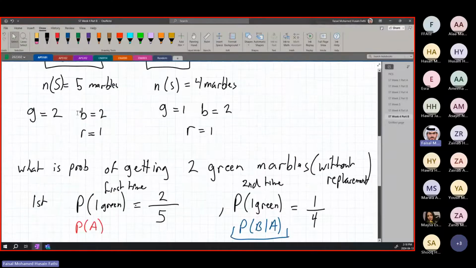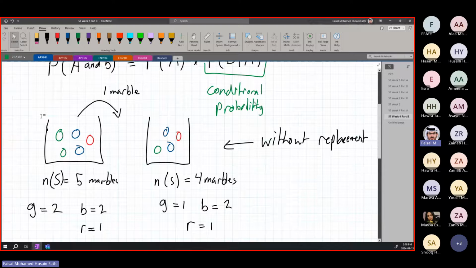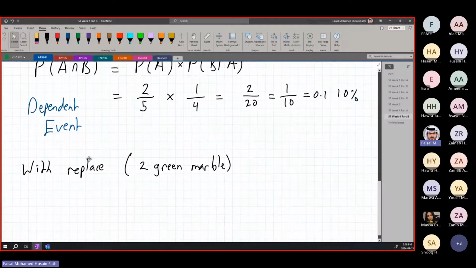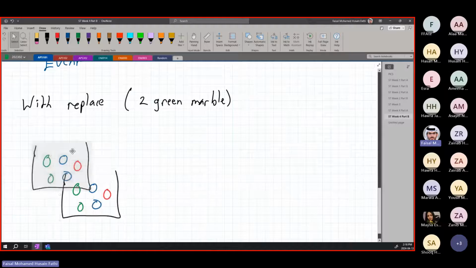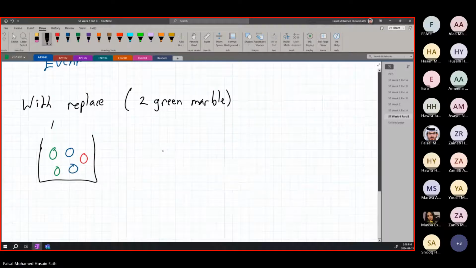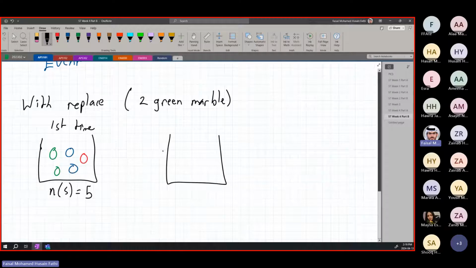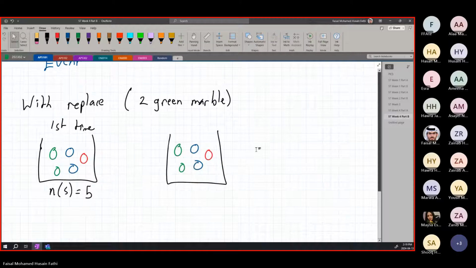Why is that? Because if you notice here, if I just copy paste this down here a bit. So our first time, this is our sample size of 5 marbles. The second time again, we have the exact same marbles inside this box. So our sample space has not changed at all.